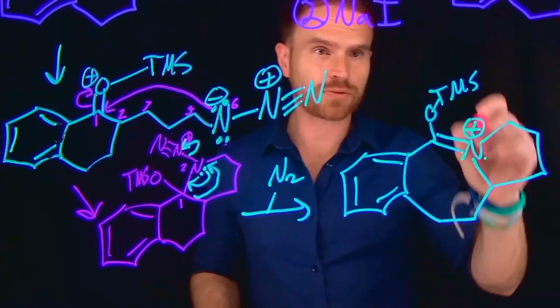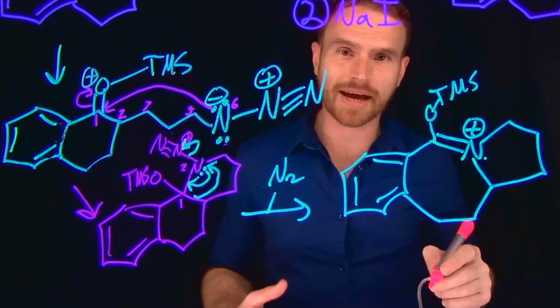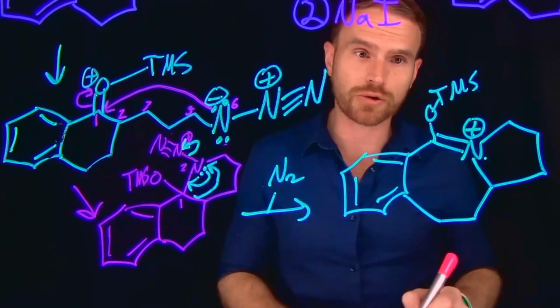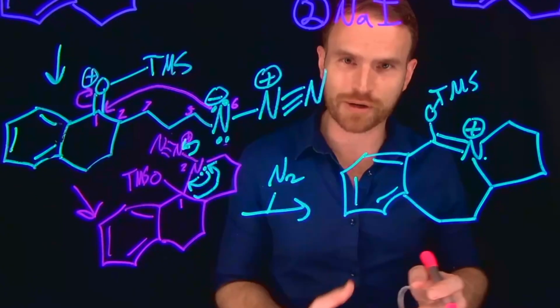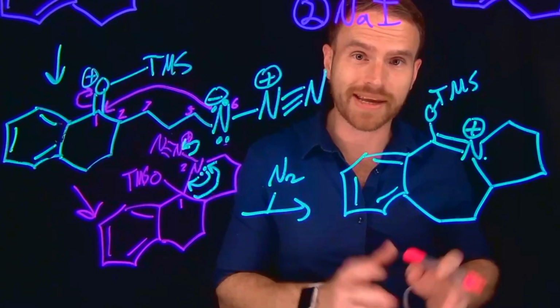And the next step of this reaction was to add sodium iodide, which is one of the conditions that are possible to use to remove the trimethylsilane protecting group, which is an alcohol protecting group, which is very often employed in synthetic chemistry.